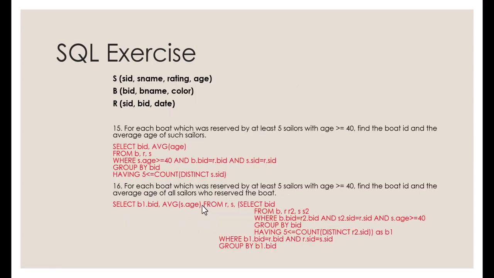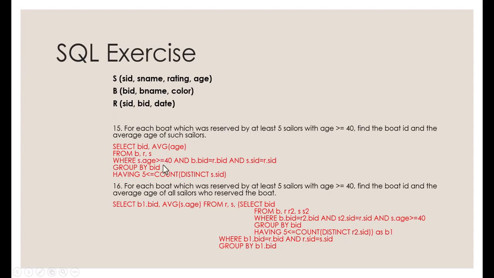Okay, let's go over number 15. So we are looking for the average age. So for each boat, that means we're going to be grouping by boat ID. So we're going to do select boat ID, comma, average age. It's going to be from all 3 tables. And again, we're doing the same thing. So SIDs from S and R are the same, and then the boat ID from B and R are the same.